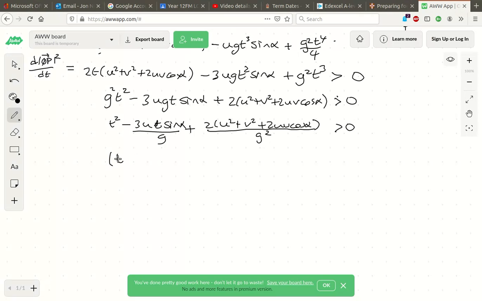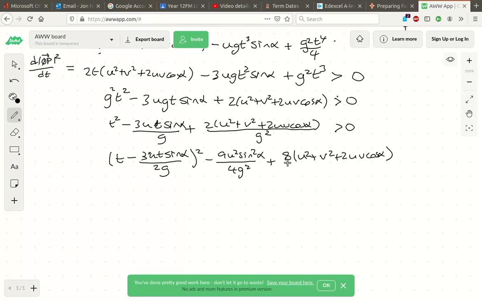I then completed the square, 3 ut sine alpha over 2g squared, and now I'm going to have this time, and I'll tidy it up straight away, minus u squared sine squared alpha over 4g squared plus 8 times u squared plus v squared plus 2uv cos alpha over 4g squared is bigger than 0.